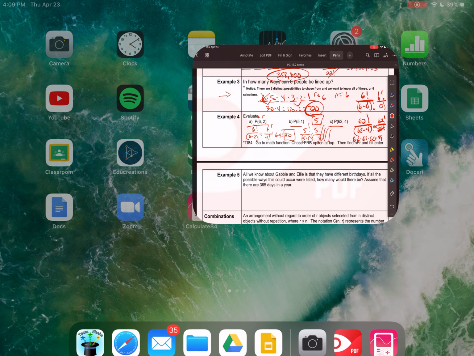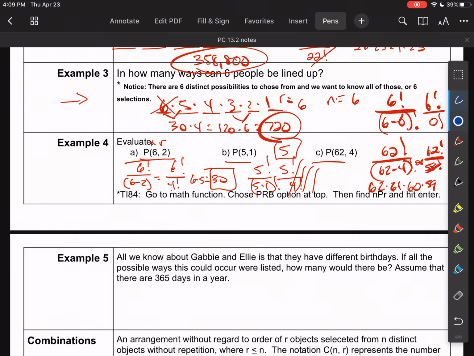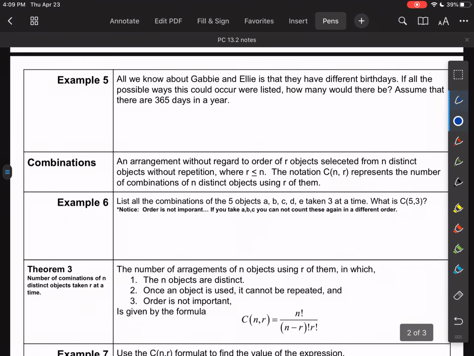So let's just pull that back up. Example 5. All we know about Gabby and Ellie, hey, those names sound familiar, is that they have different birthdays. If all the possible ways this could occur were listed, and assume that there are 365 days in a year.